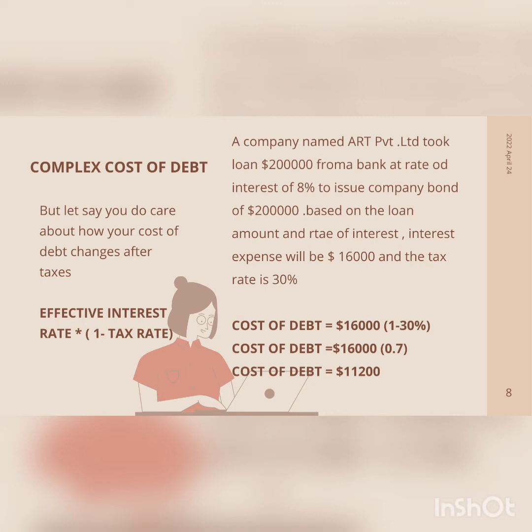So we will calculate the cost of debt as 16,000 into bracket 1 minus 30%. So 30% is our tax rate. So our cost of debt is rupees 16,000 into 0.7. So the total cost of debt is rupees 11,200.